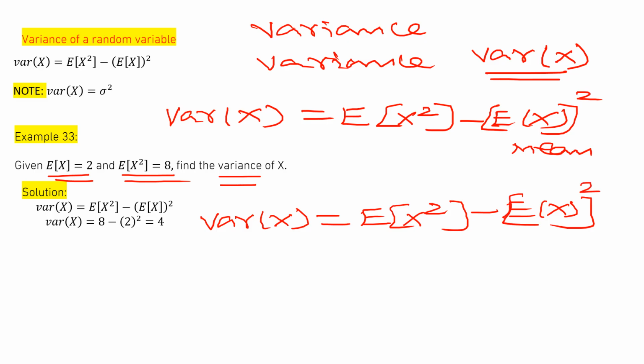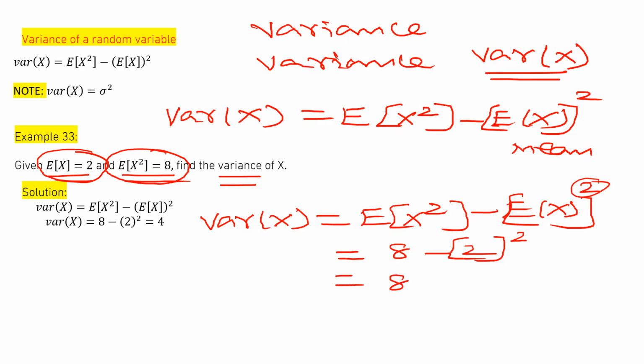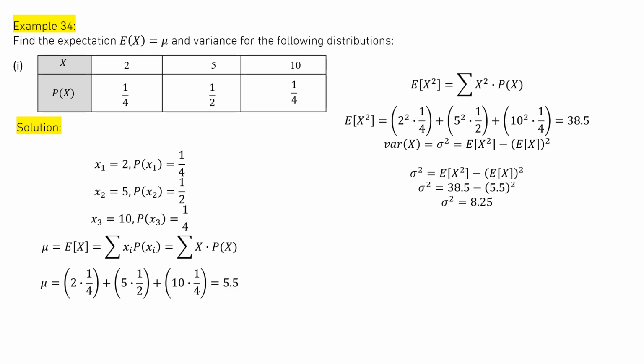We know the E of x power 2 value. What is it? 8. Minus E of x. What is the E of x value? 2. But as per formula, the E of x value we have to square it. So 2 to the power 2, which is nothing but 4. So 8 minus 4. 4 is the answer.